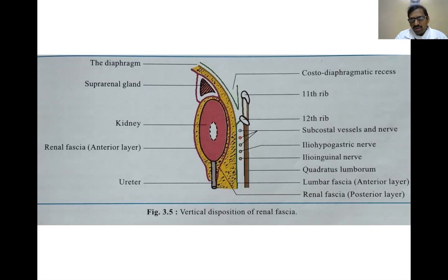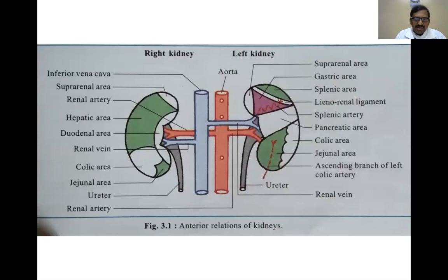Next, the anterior surface. The anterior surface of the kidney is convex and is also related with some structures. What are the anterior relations of the kidney?